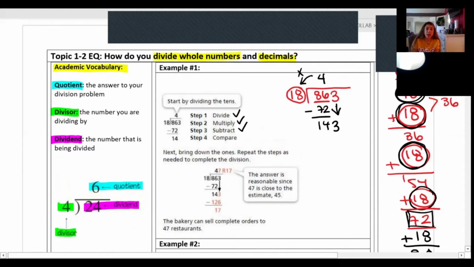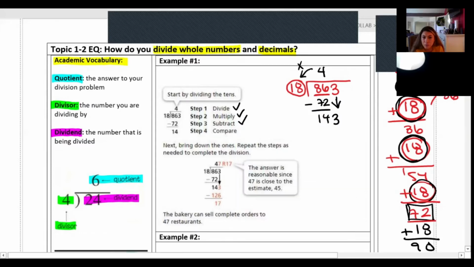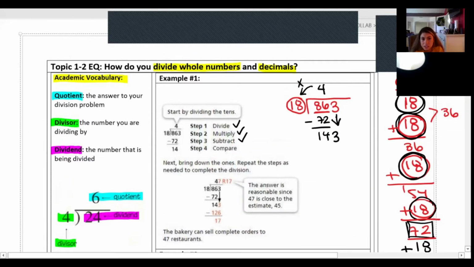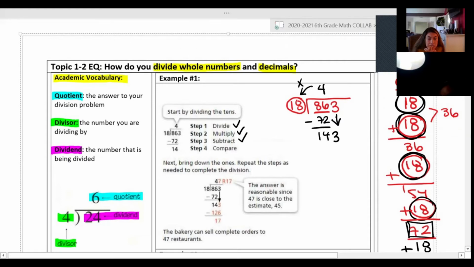Since we know that 18 goes into 72 4 times, we can estimate. If 4 groups of 18 is 72, what if we added 1 more group or 2 more groups?